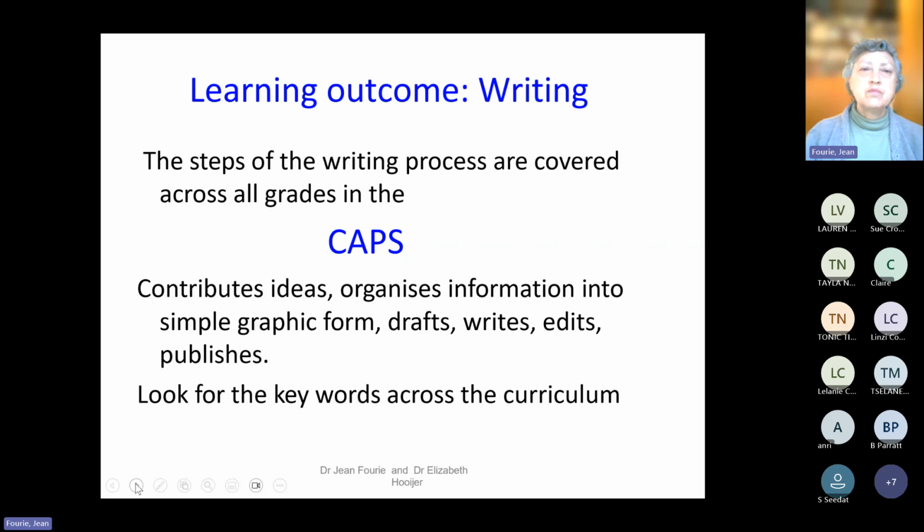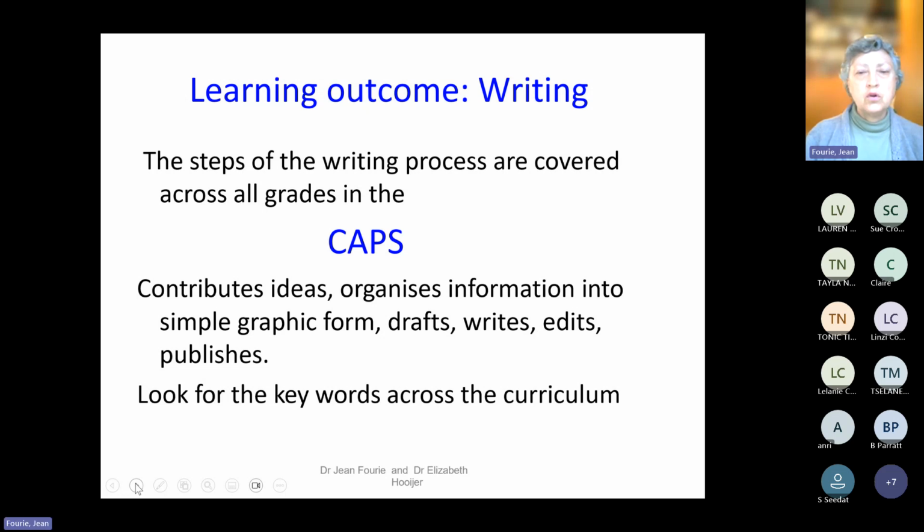So the writing process has these stages and steps, and it is embedded in the Curriculum and Assessment Policy Statement of the Department of Education.